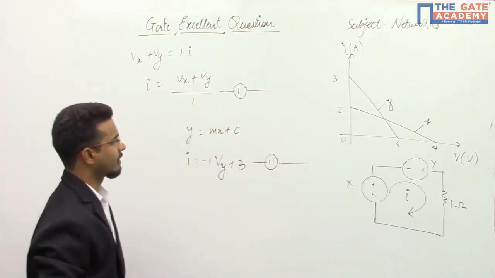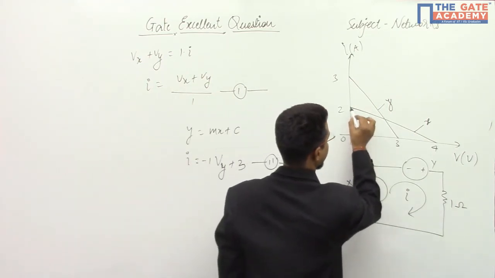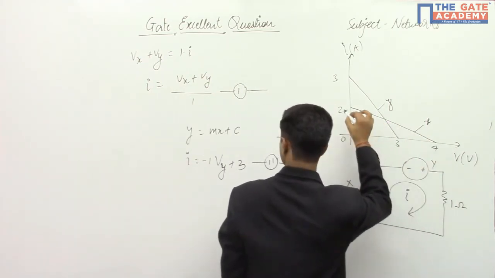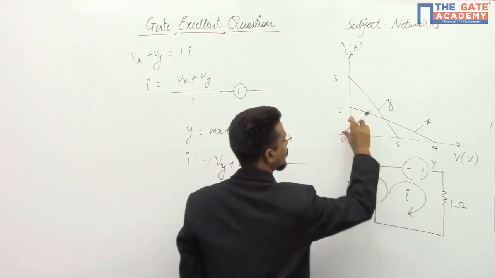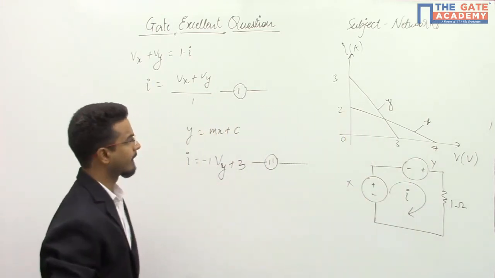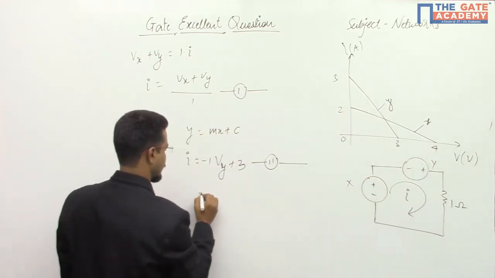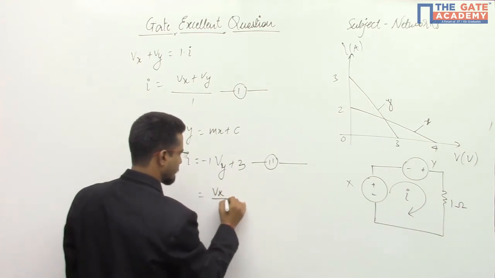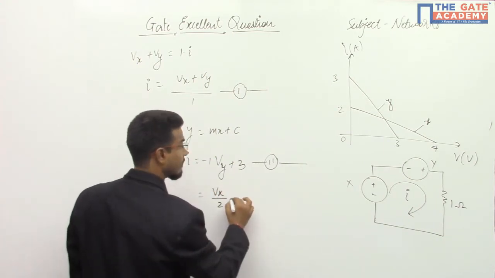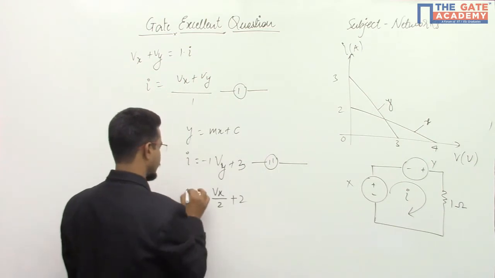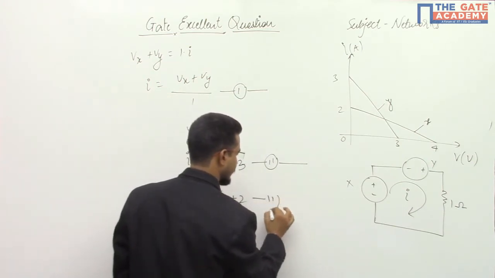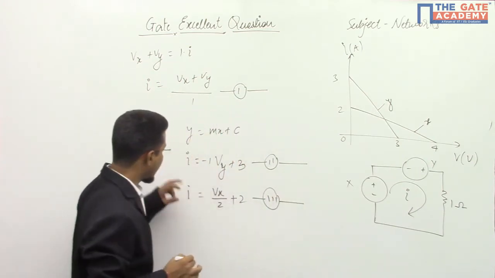Now the next one is the line of source X. With 2 by 4, the slope is -1 by 2, so I is equal to minus Vx by 2 and the c value is 2, plus 2. So this is I. Why am I writing I and I?